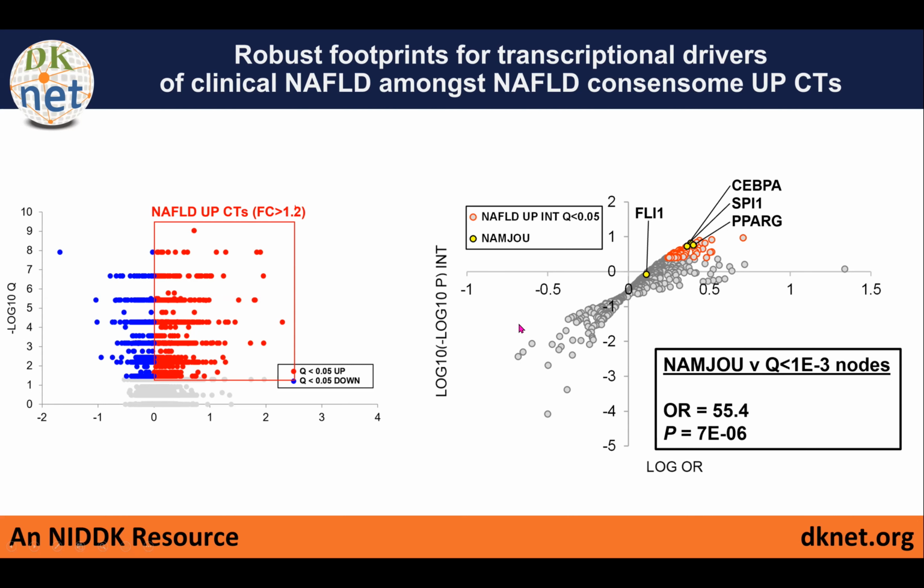And when we ran HCT intersection analysis on these targets, and overlaid this Namju signature, we found that 4 of those 5 nodes actually had really nice high rankings within this HCT intersection analysis.